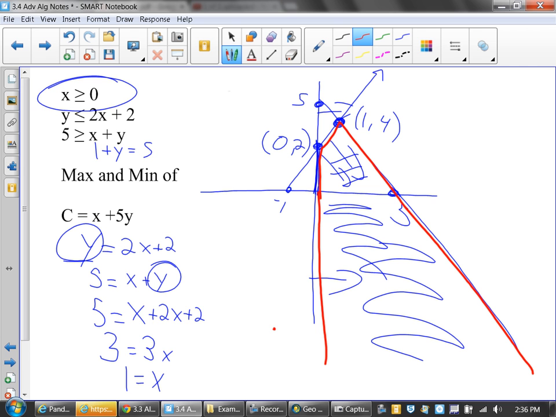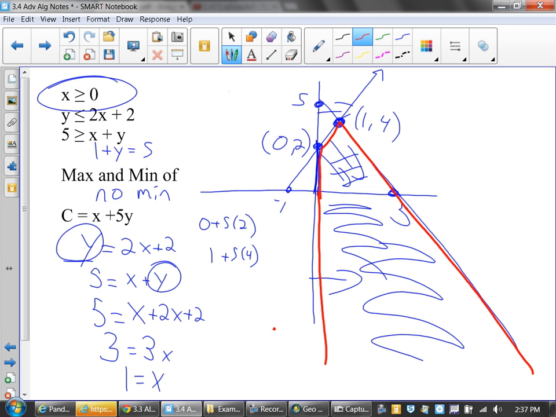There's no minimum here because there's no basement. This could also happen if there's no ceiling; it could be no maximum. So all you do is take those 2 ordered pairs. Is it 0 plus 5 times 2? Or is it 1 plus 5 times 4 to give you your maximum?